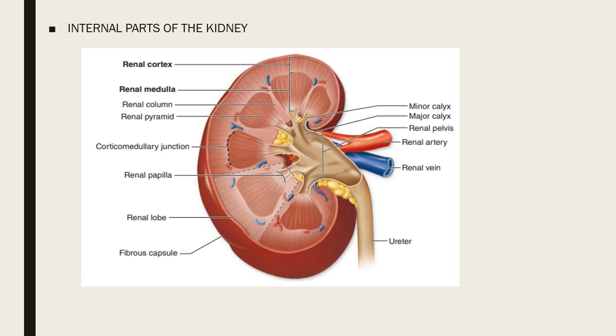Then you have your nephron, the functional unit of your kidney, located mostly in your cortex area. Each kidney has about 1 million to 1.5 million nephrons, giving approximately 3 million for the paired organ. So those are the internal parts of your kidney.